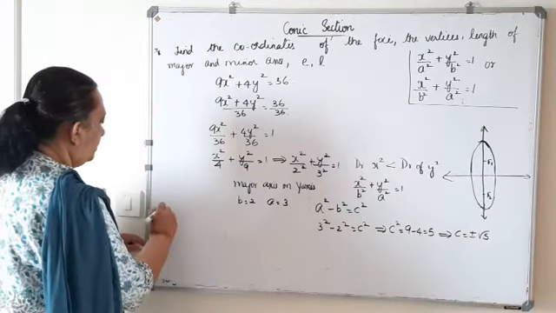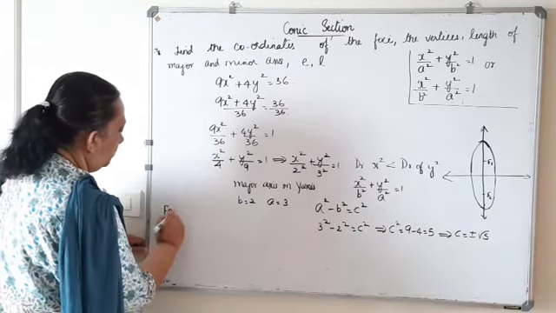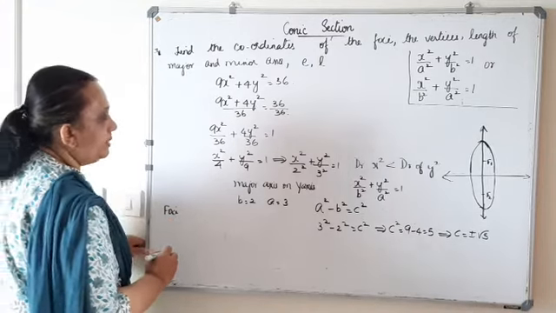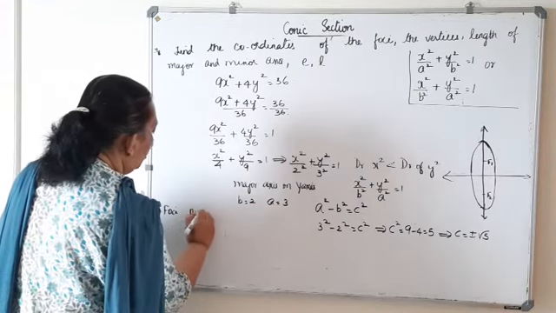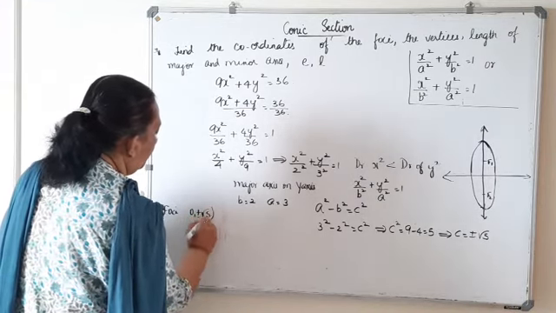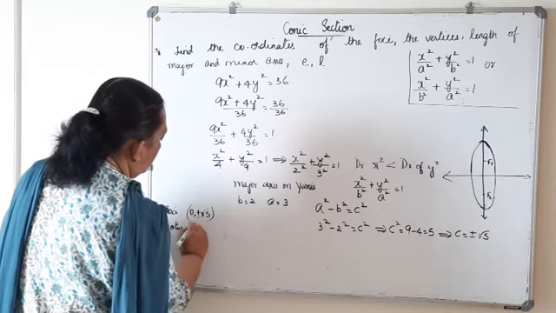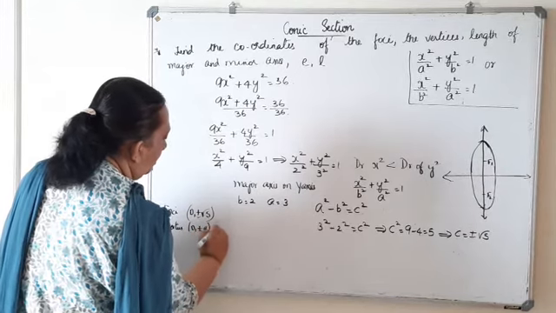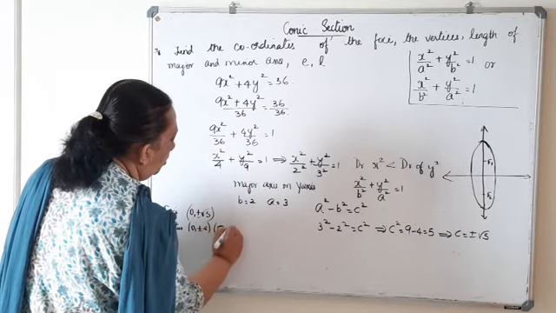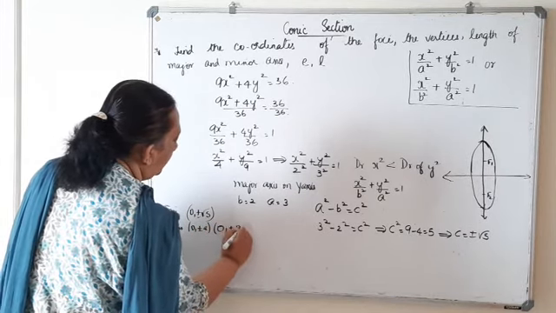Now you get all the things. Foci: because it is on the y-axis, it is 0, plus or minus root 5. Vertices: 0, plus or minus a, it is 0, plus or minus 3.